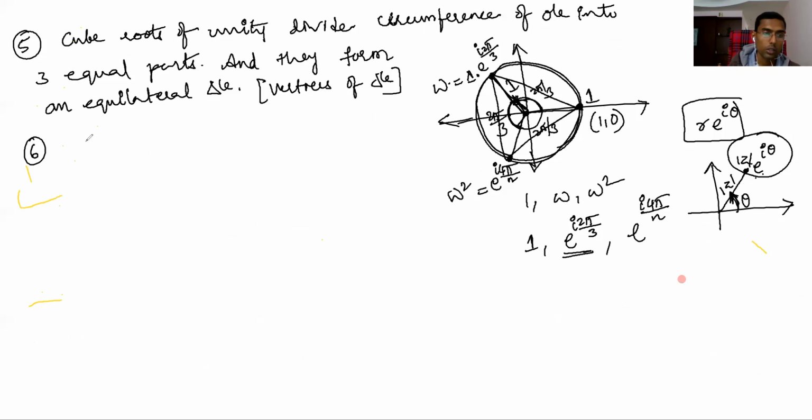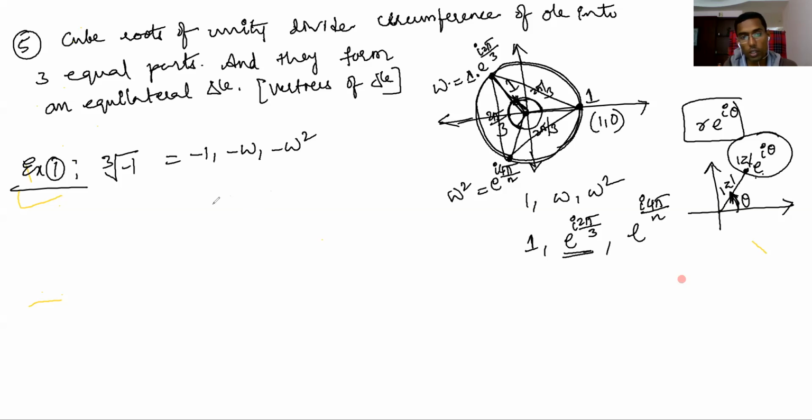But here very important is, when you understand cube roots of unity, you know, and cube roots of minus 1 are what? Cube roots of minus 1 are simply minus 1, minus omega, minus omega square. Very simple. But this is very, very important because so many times we have to apply it like this.